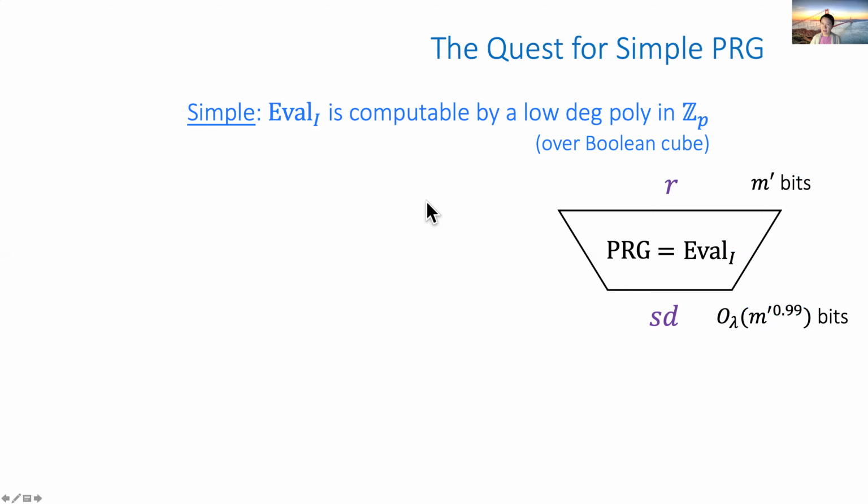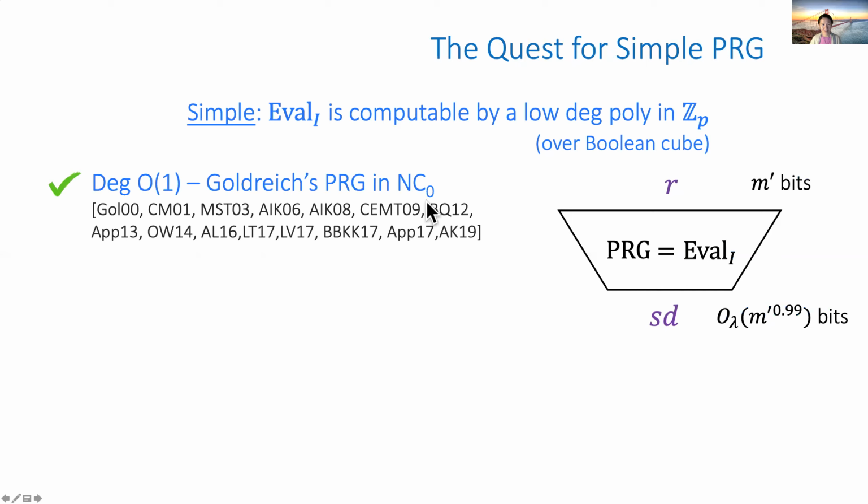The quest for such simple PRGs has been ongoing for a long time, and this led to a sequence of really beautiful works that obtain really good candidate constant degree PRGs, essentially spawned out of Goldreich's PRGs in NC0.